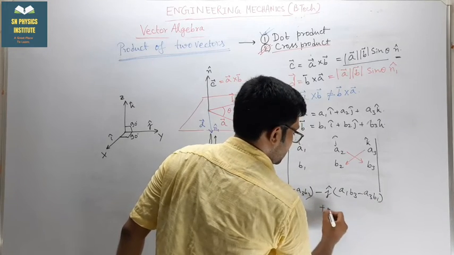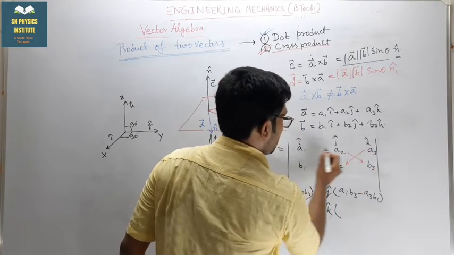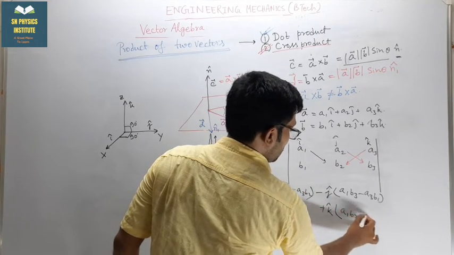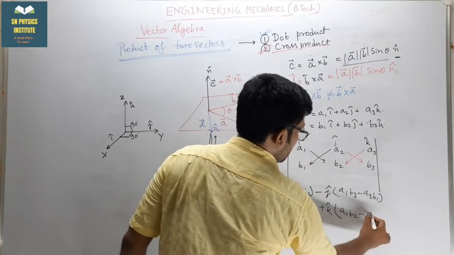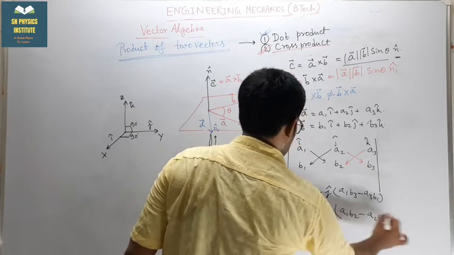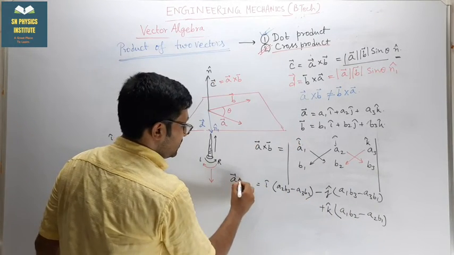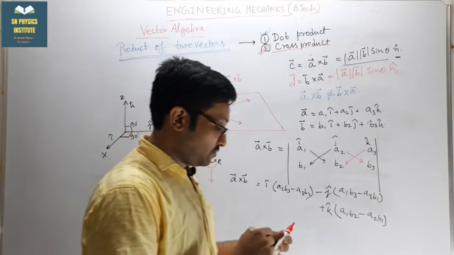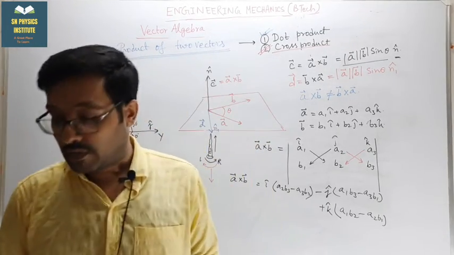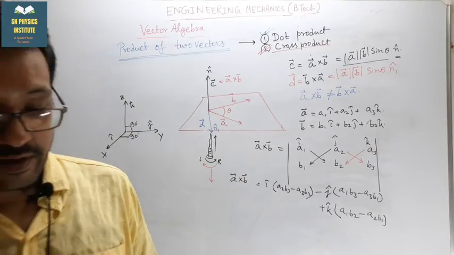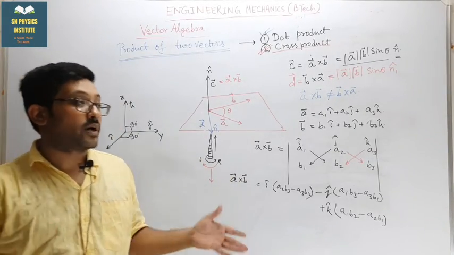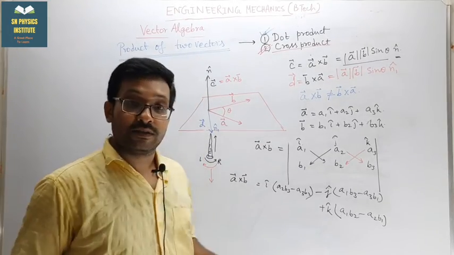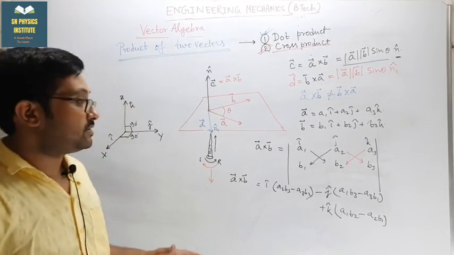Plus k cap means A1 B2 minus A2 B1. Okay, so this is your cross product. Cross product rule is this one. Okay, understood? So the vector product is over. Next we are considering the applications of the vector product. Okay, so up to this, thank you.